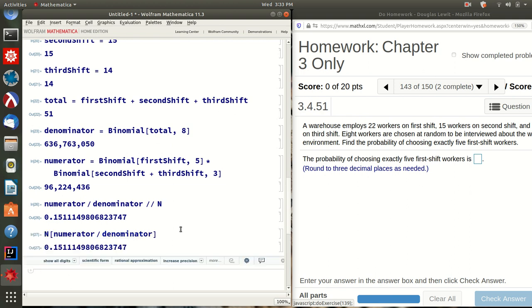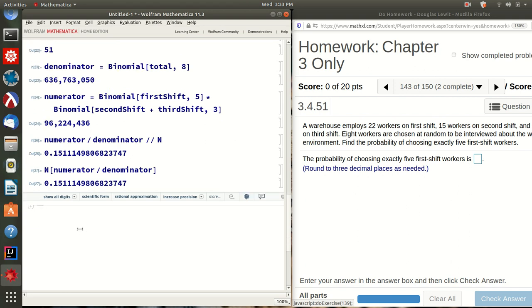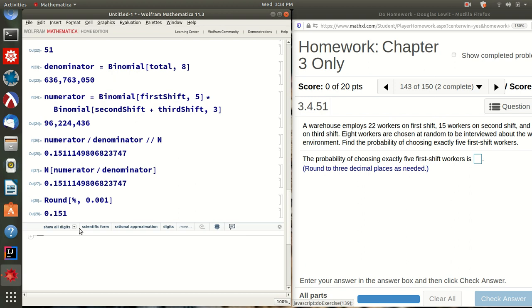We are told here in the homework, round to 3 decimal places. There are a couple ways you can do that in Mathematica. You could just round my last answer to the 3rd decimal place, and usually that works. If that doesn't work, there's another way that I can show you, but maybe we'll save that for another video.